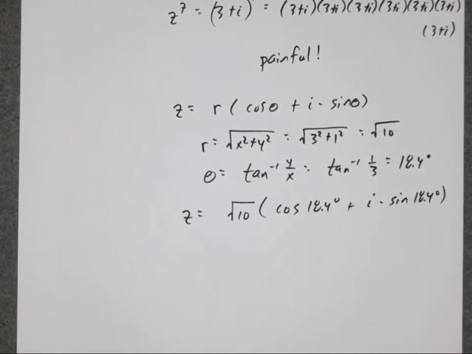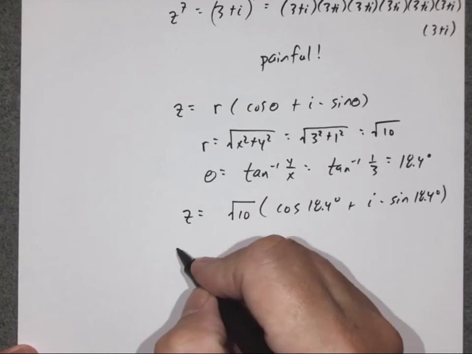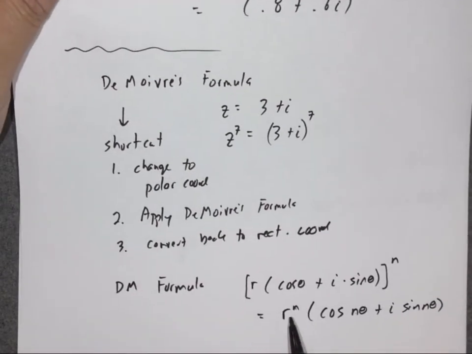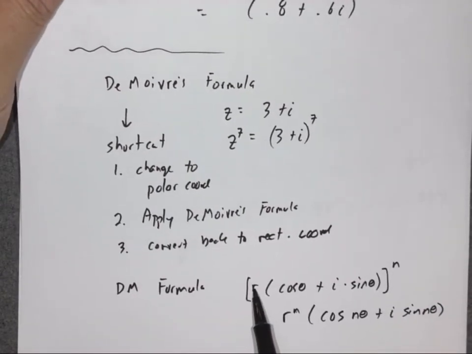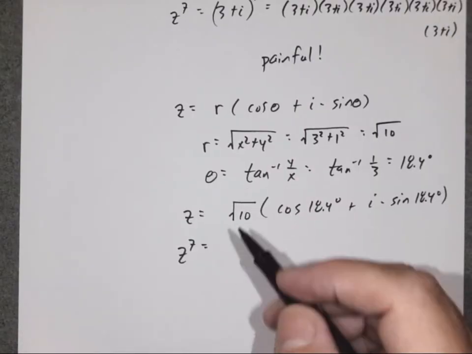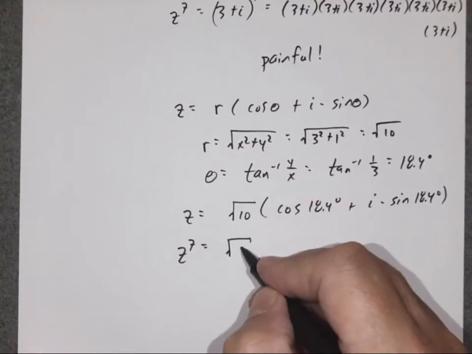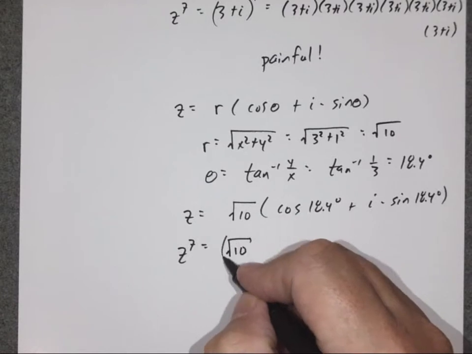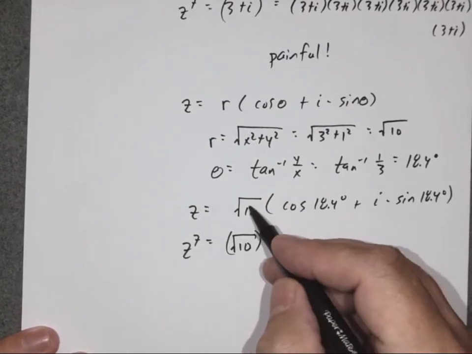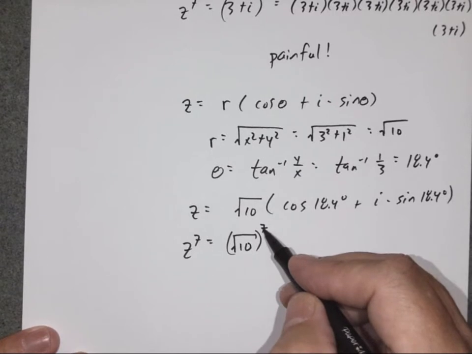Now what De Moivre's theorem says is, okay, if we were to take this to the 7th power, we take r and we raise it to the exponent. So this is my r here, the square root of 10 raised to the 7th power.